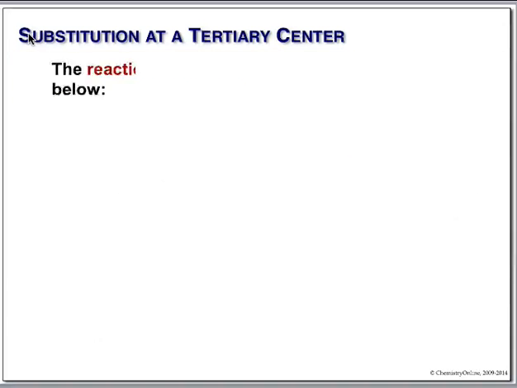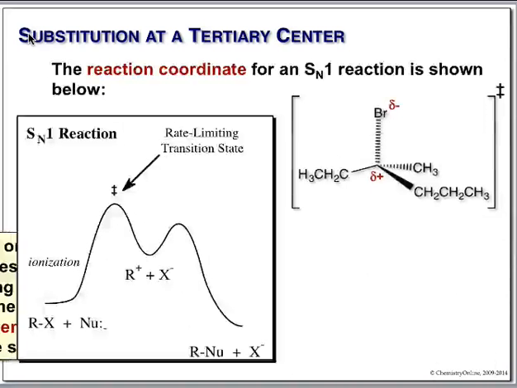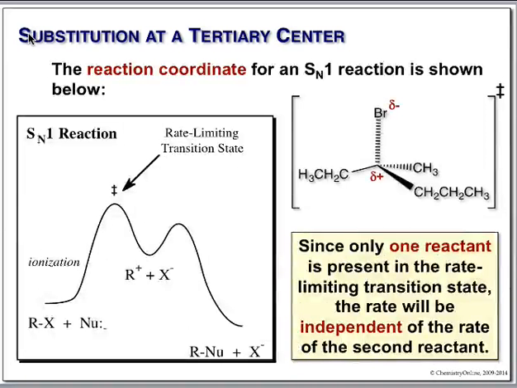We saw the transition state for the Sn2. With the Sn1, it looks like this. This is our slow step, right here, to get the carbocation. This is the transition state where our bond is breaking. Once we do that, we form the full carbocation, that's here. And then the fast step, our nucleophile attacks to give our product.